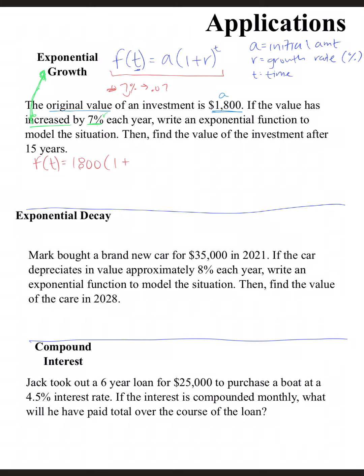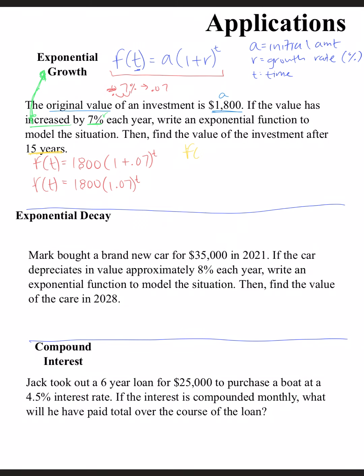Remember, we move the decimal over 2 places, so 1 plus 0.07 to the t, and I can simplify this as f of t equals 1,800 times 1.07 raised to t.